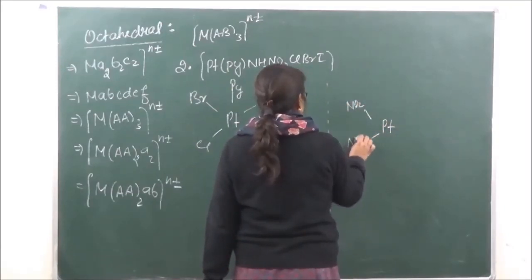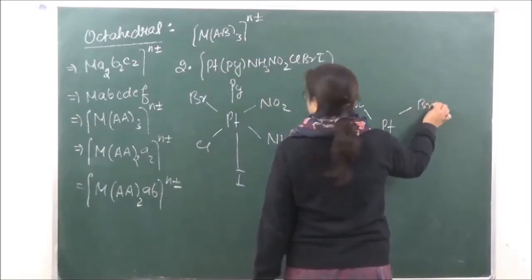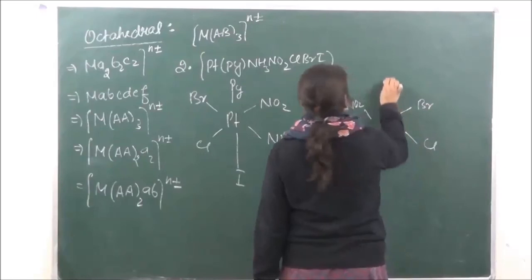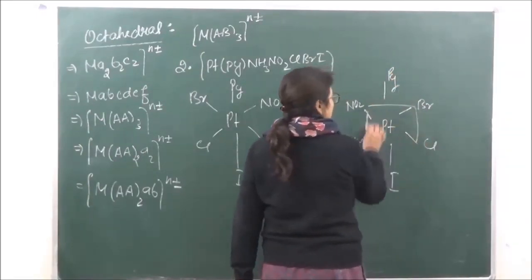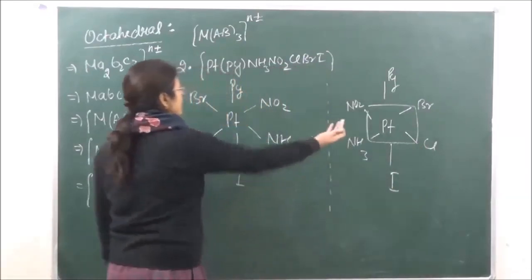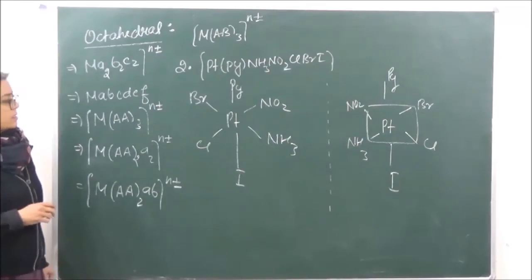Now if we draw the mirror image of this, we will have platinum, NO2, NH3, Br, Cl, pyridine and iodine. So again, if you are superimposing, these are going to be non-superimposable mirror images.